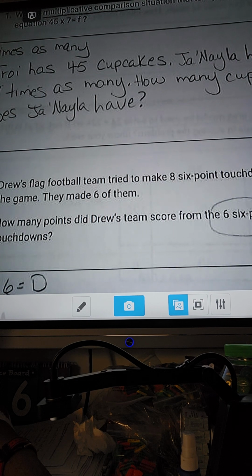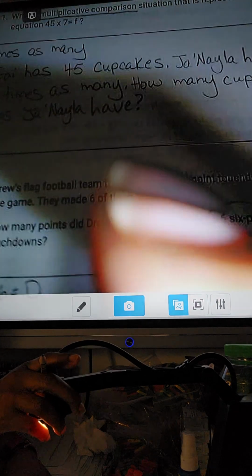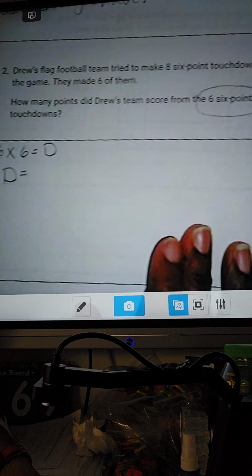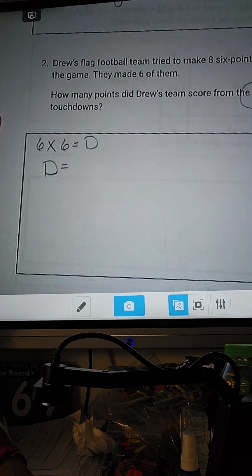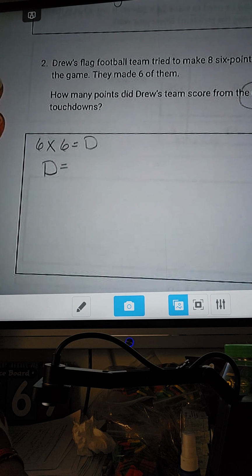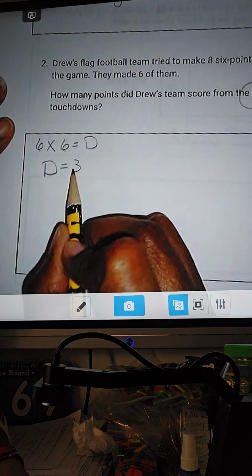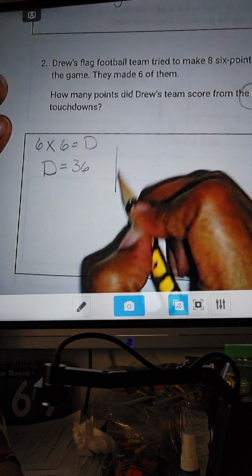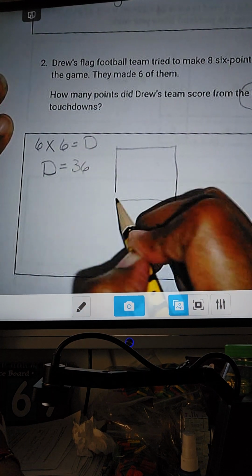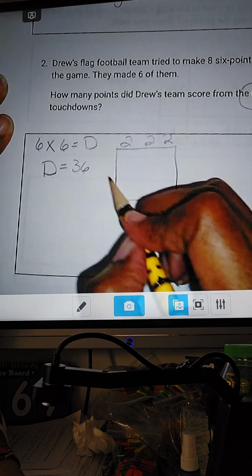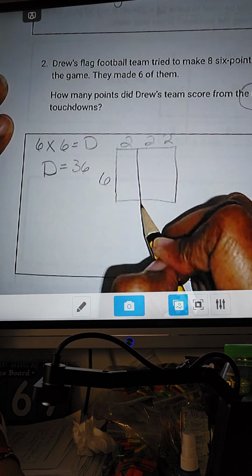And this is easy. You really don't have to do an area model for these. You can write your equation. You know that 6 times 6 is 36, but if you don't know that 6 times 6 is 36, then you might want to do 2 plus 2 plus 2 times 6.